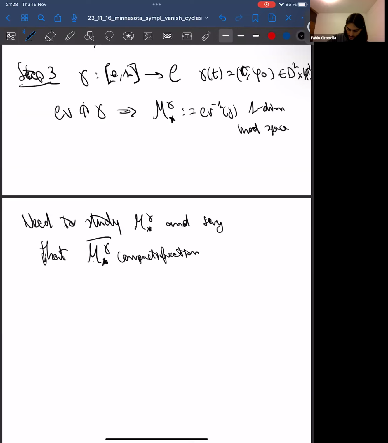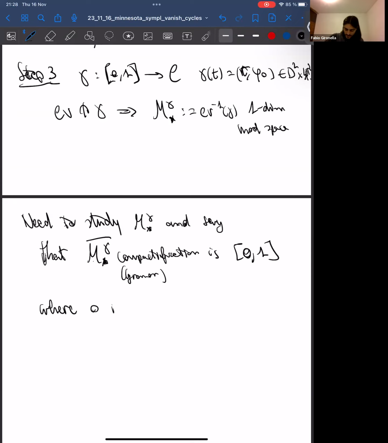There's a notion of Gromov compactification, as in the non-foliated case, which is a further technicality. One needs to prove that you can actually compactify these moduli spaces. This is just diffeomorphic to a closed interval, okay?